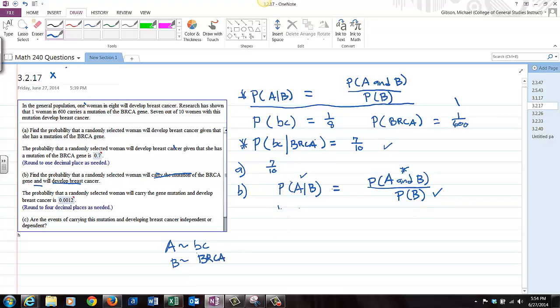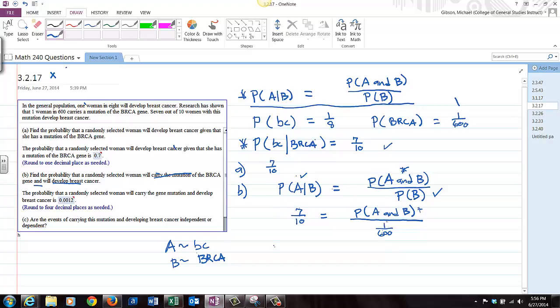Alright. So, probability of A given B, they've already given us, is 7/10. Probability that she develops breast cancer, given that she's got the mutation, 7 out of 10. Probability that both occur, that she's got the mutation and that she develops breast cancer, that's what we're asking about. And then the probability that she's got the mutation is this one over here, 1 out of 600.